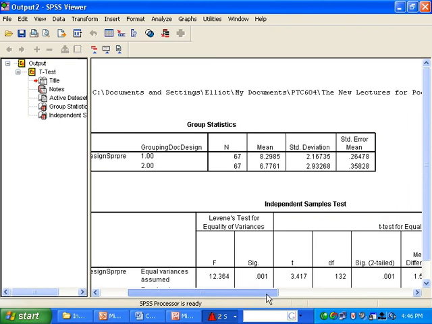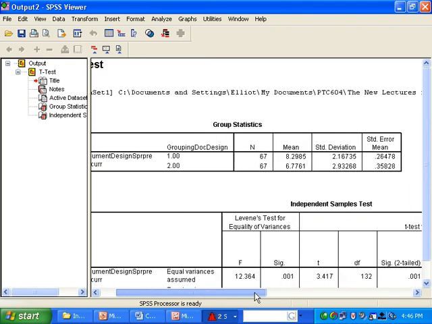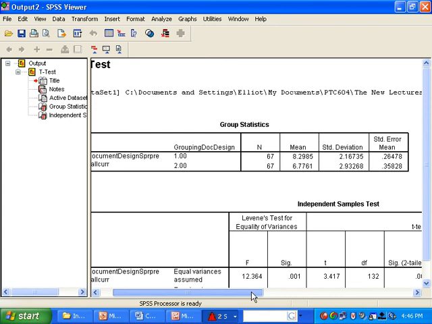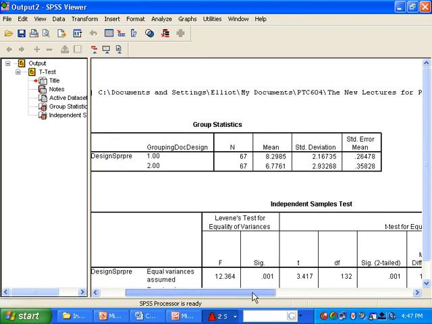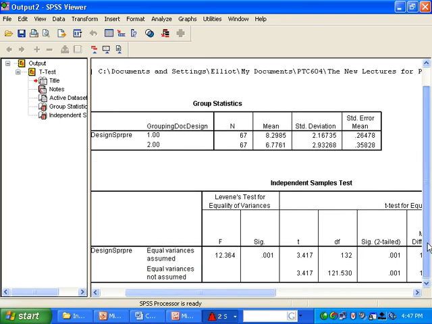We'll find now that the scores from the spring were 0.829 for document design, and that they decreased to 0.677. Now, the t-statistic in this case has been established, you'll see here, at 3.417 for 132 degrees of freedom.